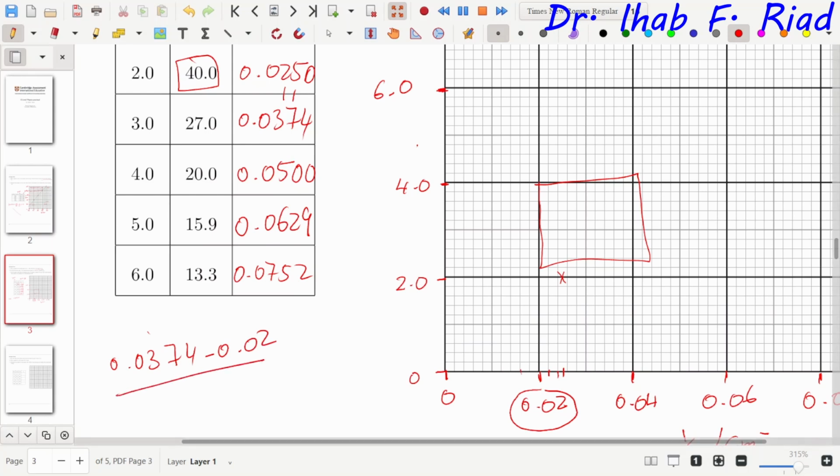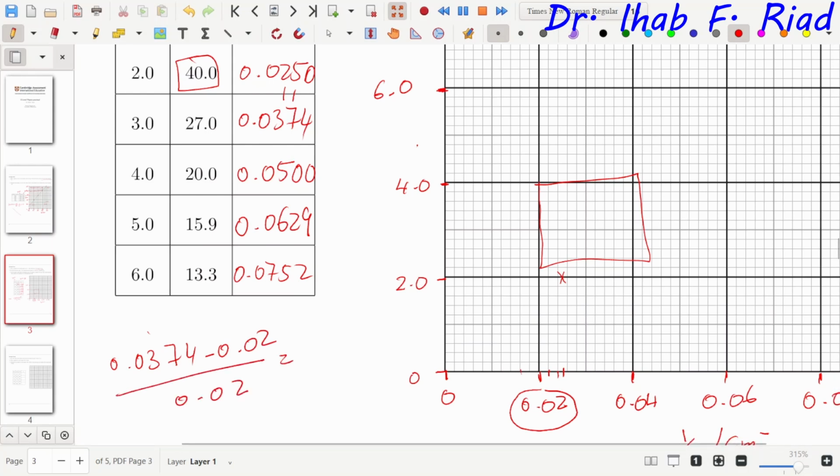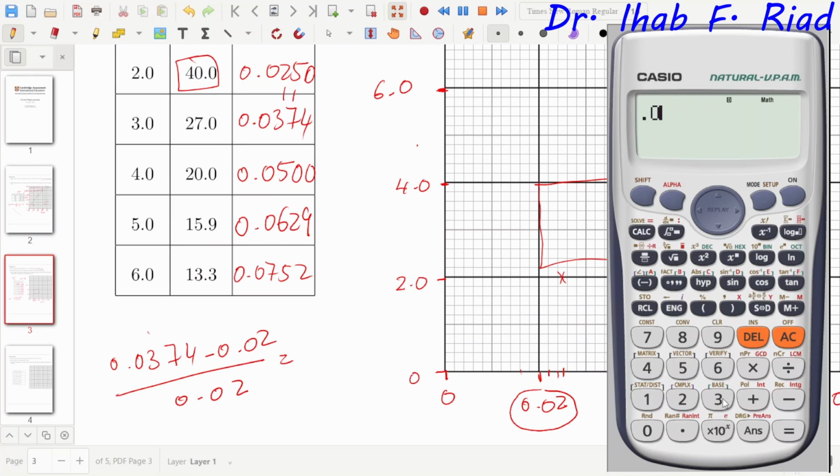What we're going to divide? 0.02. So we have 0.0374 minus 0.02, divide by 0.02, equals 0.87.